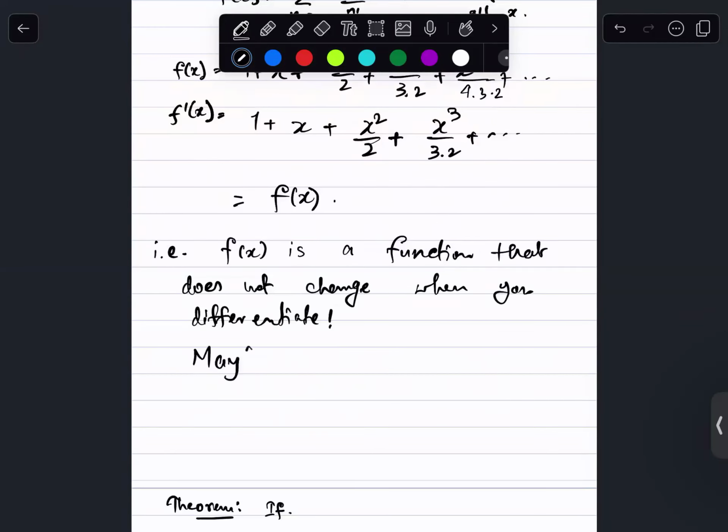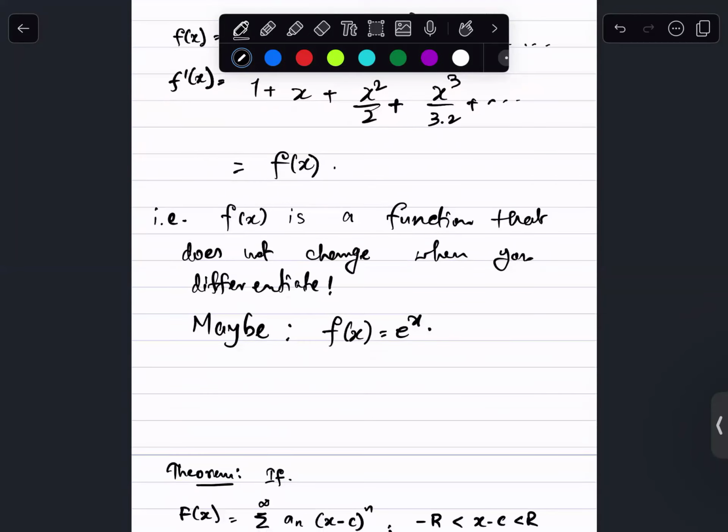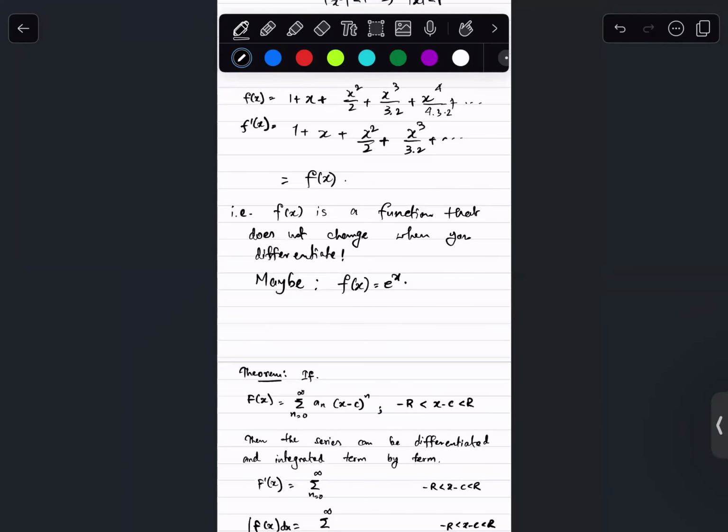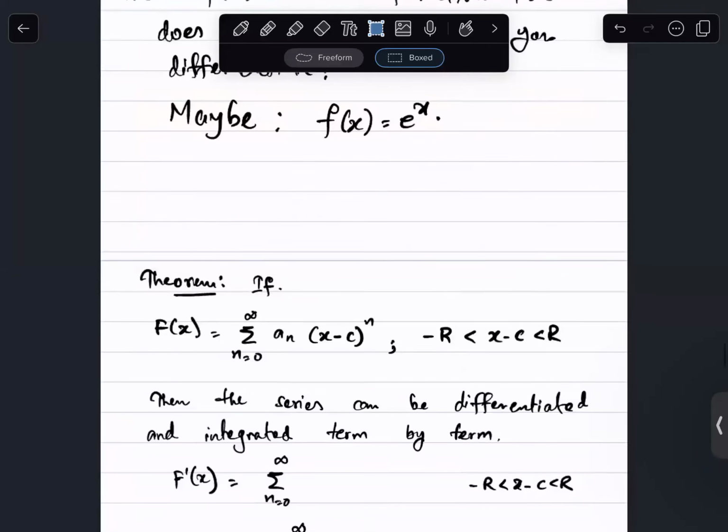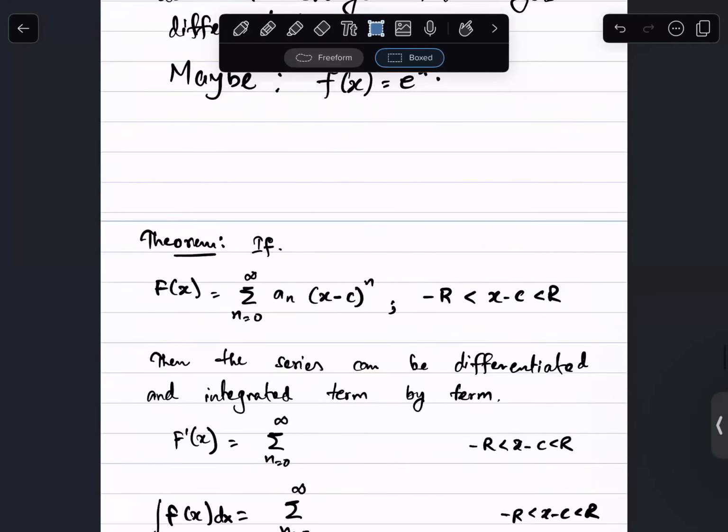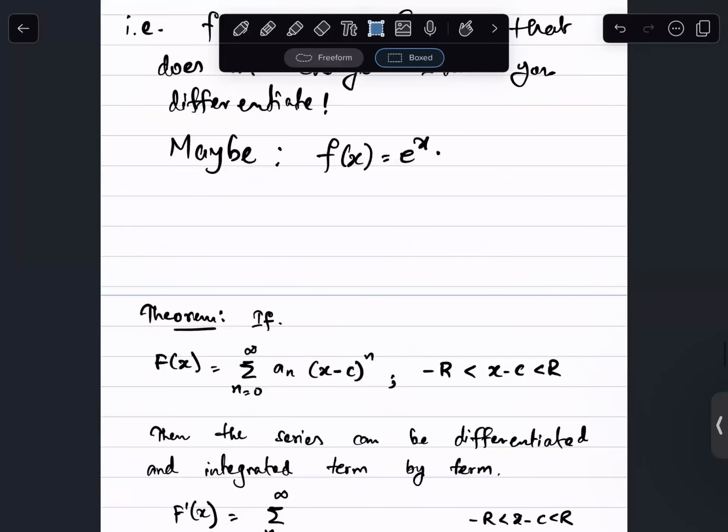A function which is the same as this, f(x), is e to the x, right? So e to the x has the same property, but this is only my guess. I don't know if this is true or not. For that, I have to do some calculations.